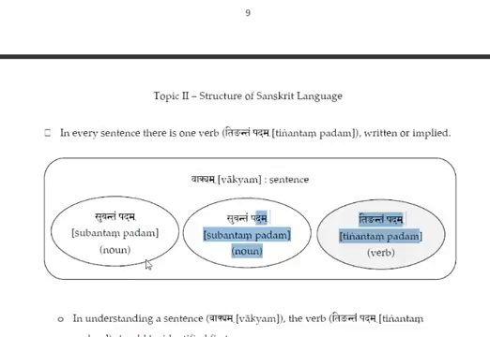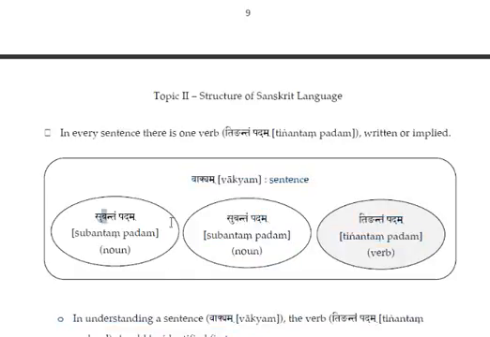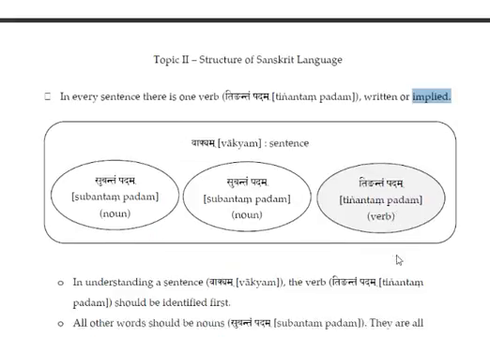Then as a whole, we want to understand the message of the speaker. A vakya consists of many words, but one of the words should be a verb. It can be written or heard, or even implied. You may not hear or see it, but it is implied by the context.